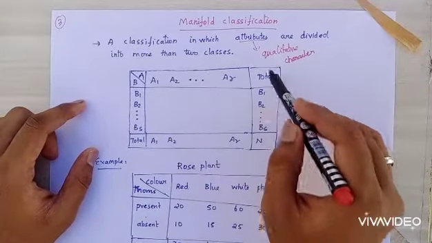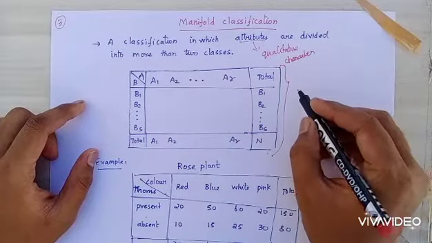Here we have a table. This table is called a contingency table.